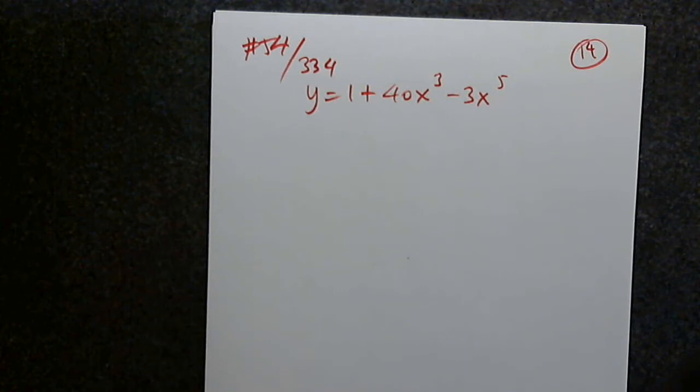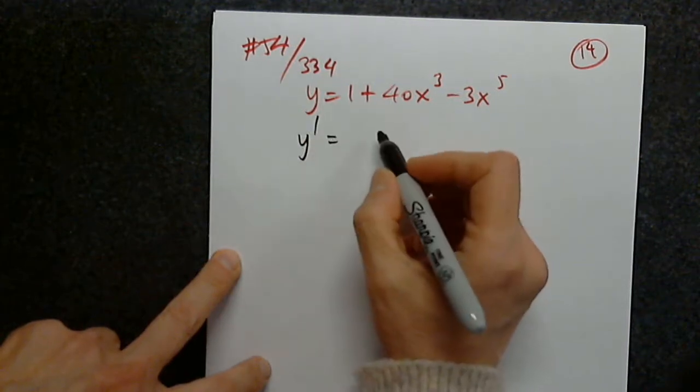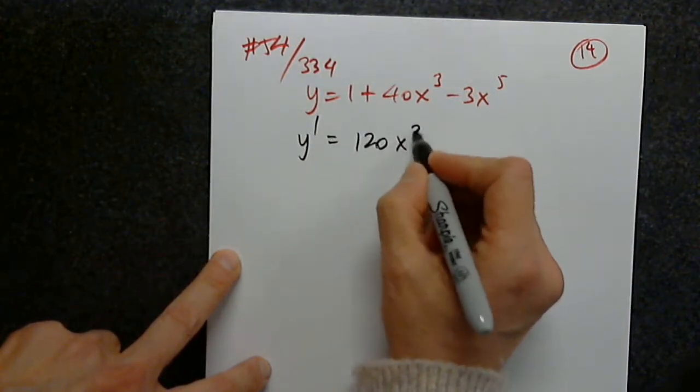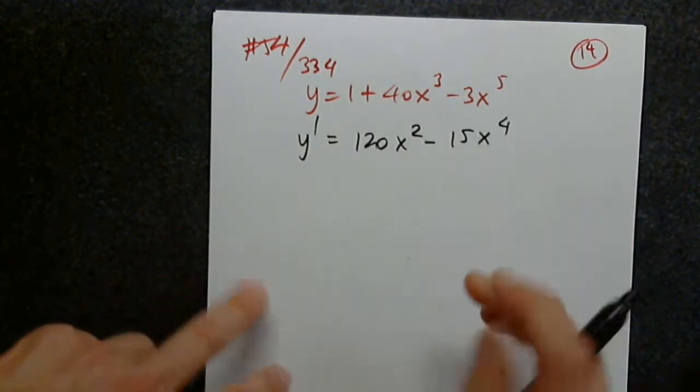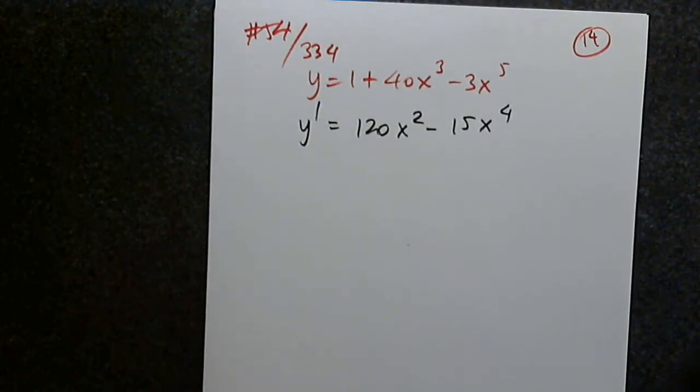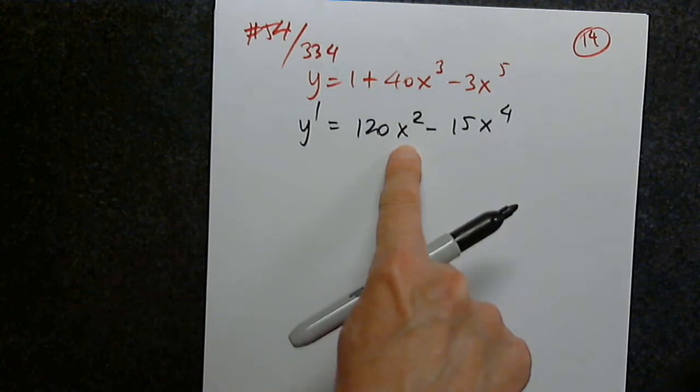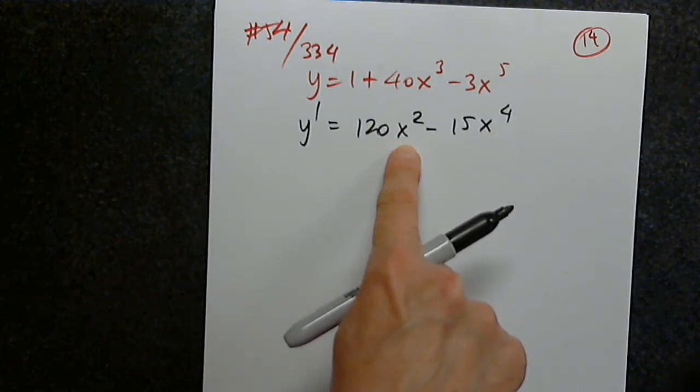So we're given a function and we're asked to find the tangent with the largest slope. How do I determine the slope of the tangent? The derivative, okay. So then I get 120x squared minus 15x to the fourth. But now I want the largest of this. Exactly.